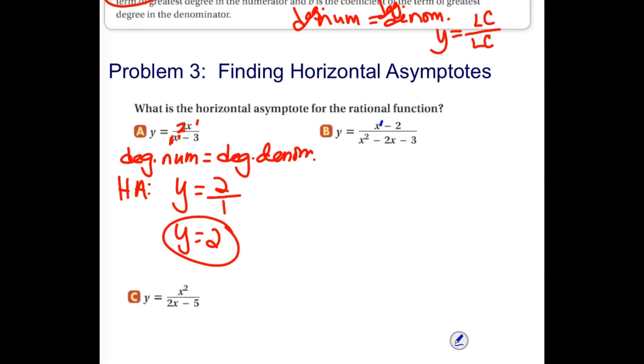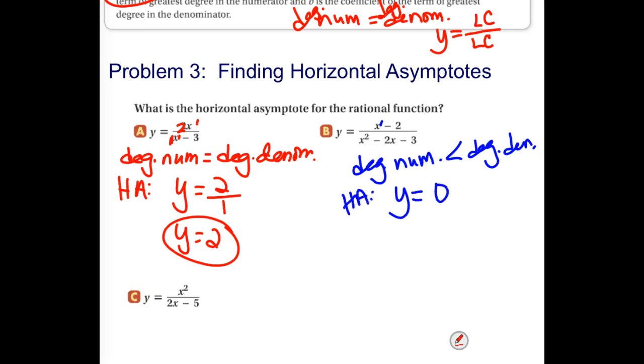When the top is smaller, what happens? So the degree of the numerator is smaller than the degree of the denominator. We have one at 0, the x-axis.